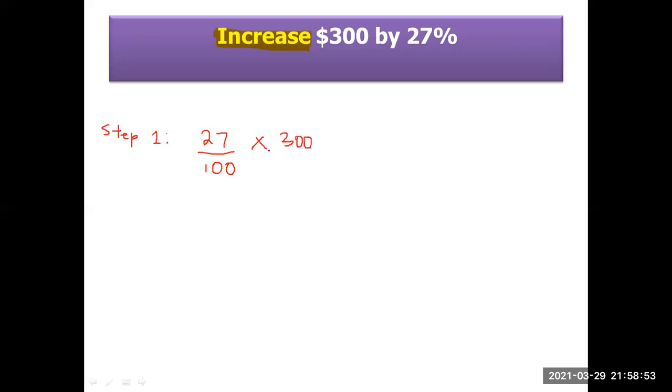So of course, finding 27% of 300 leaves us with 27 times 3. And 27 times 3 gives us what, guys? Just type it in your calculators, and you're supposed to get $81. So 27% of $300 is $81, but we're not finished with the question as yet. It said we should increase $300 by 27%.